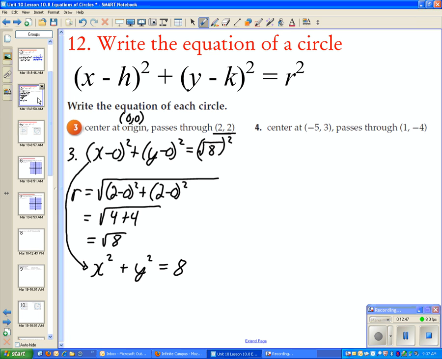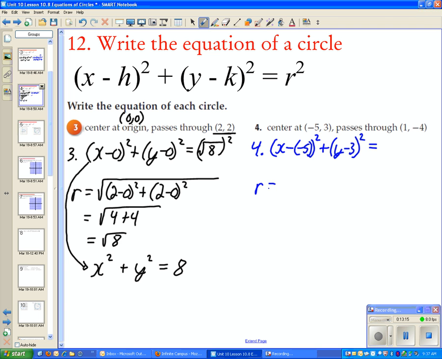All right, number 4. The center is at negative 5, 3. So x minus what? Yeah, x minus negative 5 squared plus y minus 3 quantity squared equals, and then once again they didn't tell us the radius. That's okay.